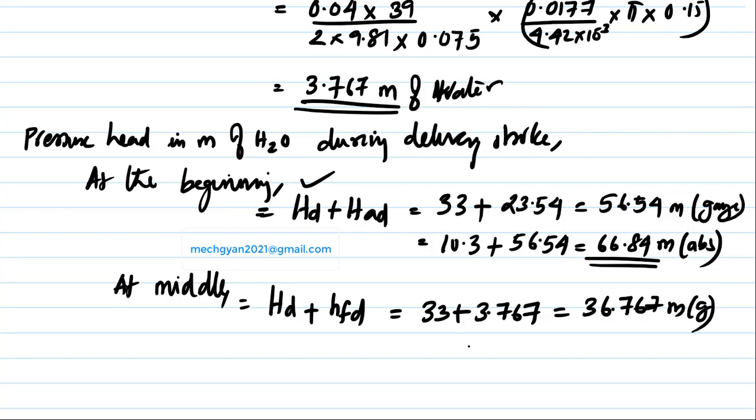So that is equal to 10.3 plus 36.767, that is equal to 47.067 meters absolute.